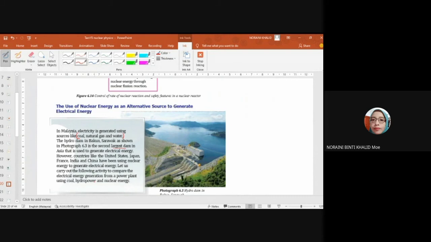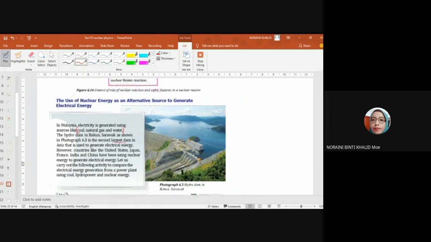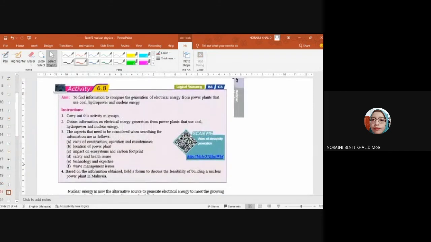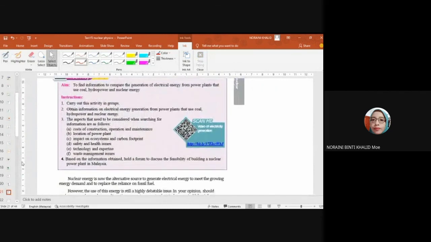There must be advantages of using a nuclear reactor compared to using coal or hydropower. Another thing, you can also search for information about the nuclear reactor: the cost of construction, the maintenance, location of power plants, impact on ecosystem and carbon footprint, safety, health issues, technology and expertise, and waste management issues.